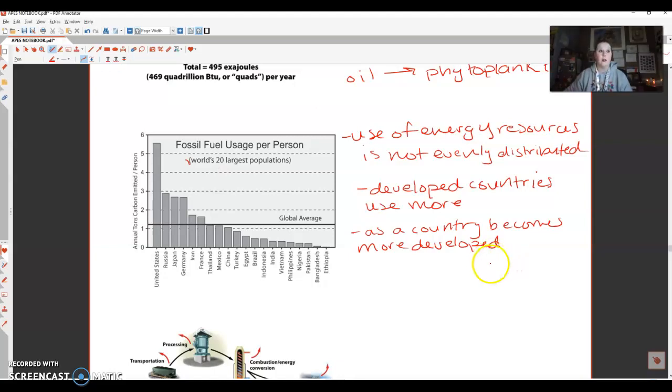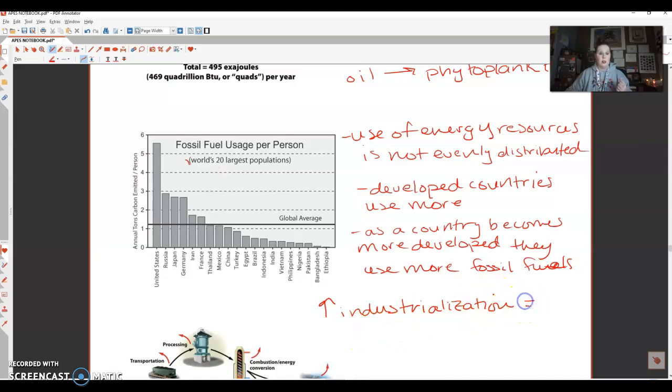They use more fossil fuels. Okay? So basically, we see a correlation when you have an increase in industrialization.